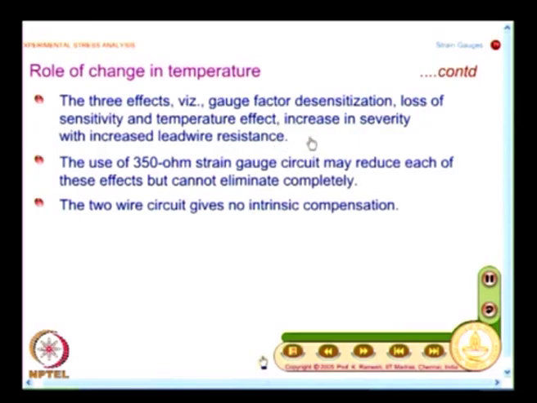So, one way of looking at it, this is go in for a 350 ohm strain gauge. This can reduce each of these effects, but cannot eliminate any one of them completely. See, we had already looked at a remedy. If I have to work on plastics, heat dissipation is very poor.